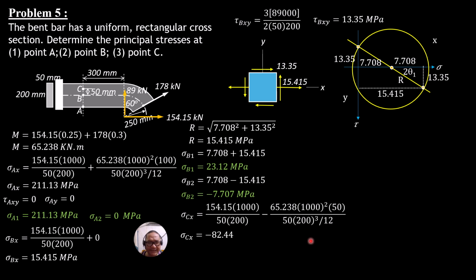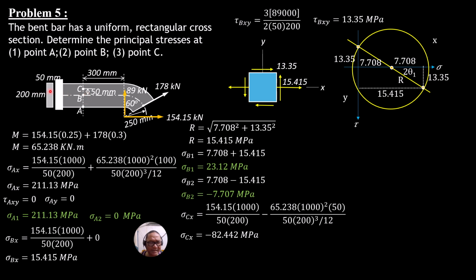So sigma Cx is equal to negative 82.442 megapascals. Sigma Cy is 0, and shear stress is the same, 89,050. We now use VQ over IB here because C is at distance 50 mm above the neutral axis.